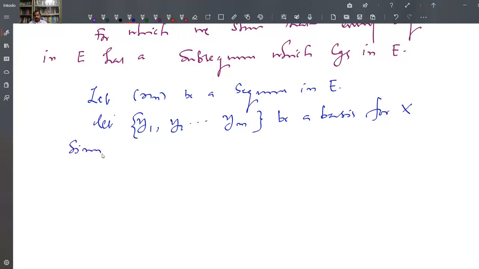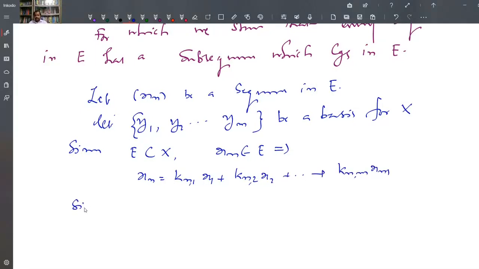Since E is a subspace of x and xn belongs to E, xn is equal to some linear combination of y1, y2, etc., ym. So this is knm y1 plus kn2 y2 plus etc., plus knm ym.